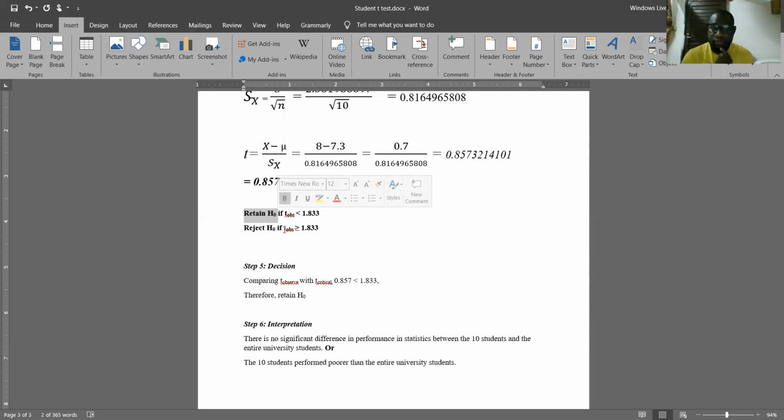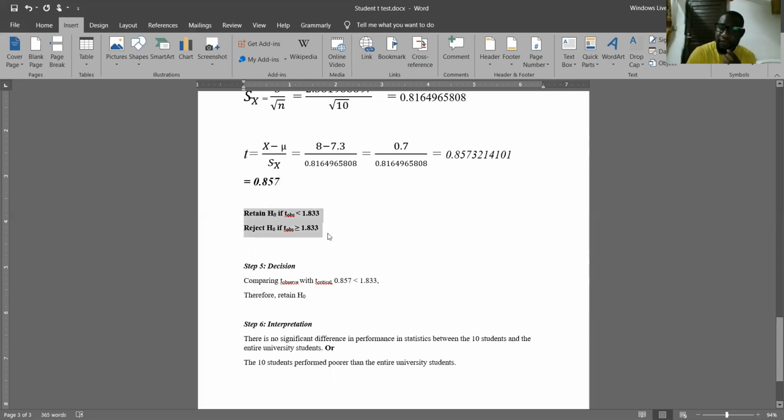So you ask yourself, this 0.857, is it greater than or less than 1.833? You can obviously see that 0.857 is less than 1.833. Hence, we have to retain H0.